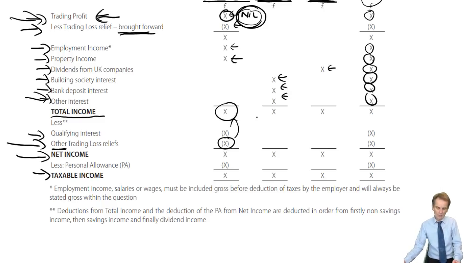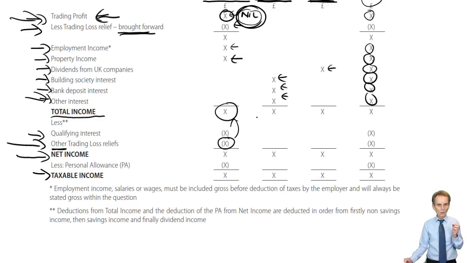So yes, you could make a loss, but still have total income chargeable to tax this period. In which case, other trading loss reliefs that we'll see will target total income. Details of which, as I keep reassuring you, is later in chapter 7. But that will bring you to net income.